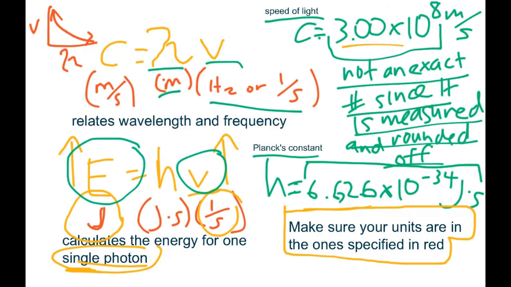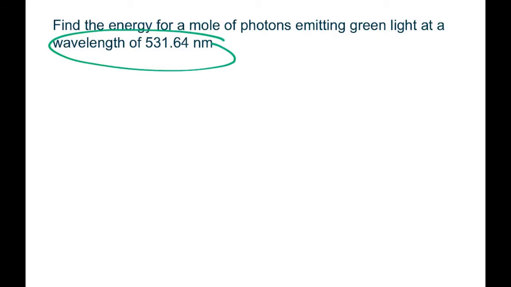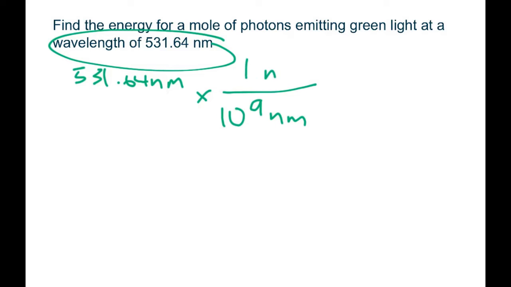Our wavelength has to be in meters since this equation is in meters, and remember this note that I gave you, that all your units must be the ones specified in red in the image. So now let's convert this into meters. 531.64 nanometers can be converted to meters by multiplying 1 meter for every 10 to the 9 nanometers.